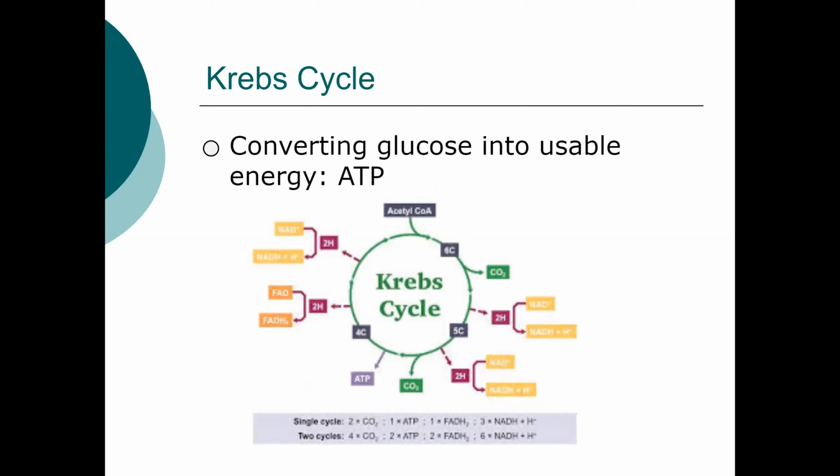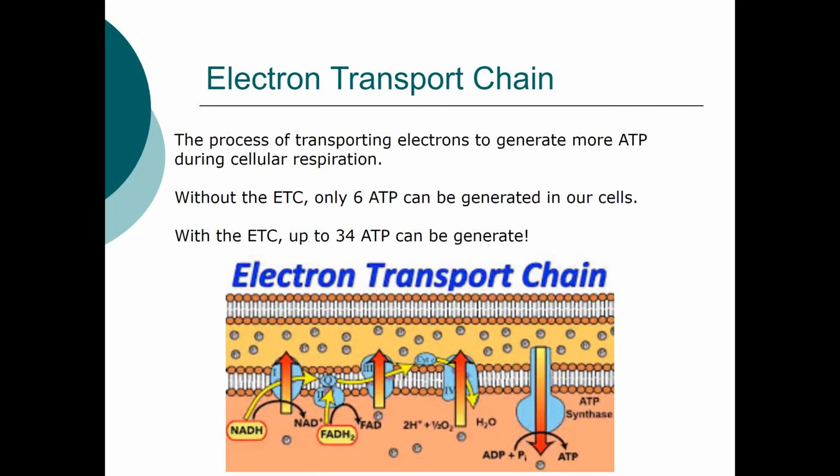Krebs cycle, turning glucose into energy, turning it into ATP, adenosine triphosphate. Okay, this is what gives us energy. This is our power plant for the most part. Electron transport system. This is the creating of the ATP.